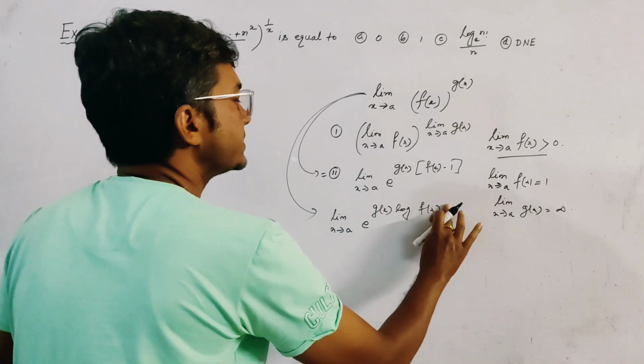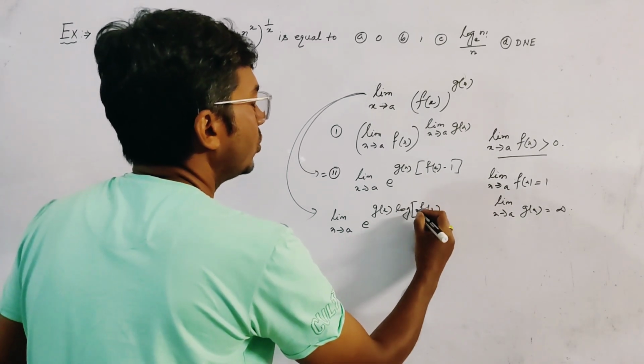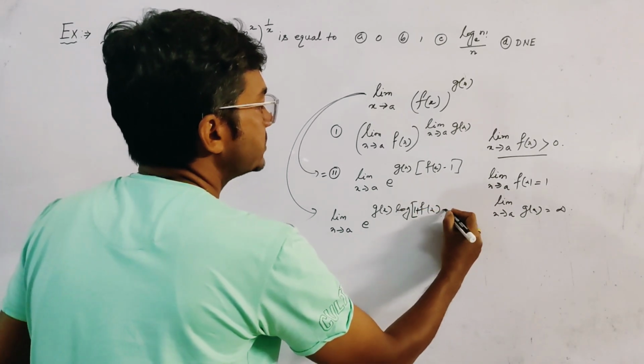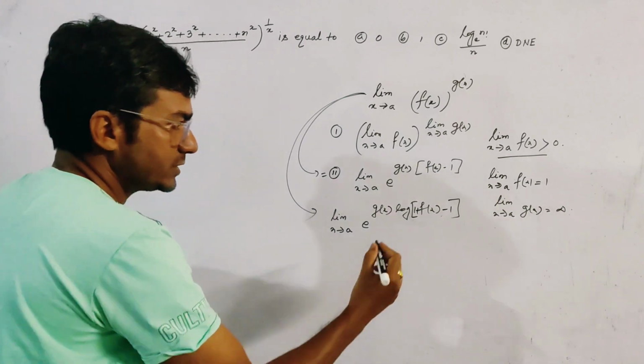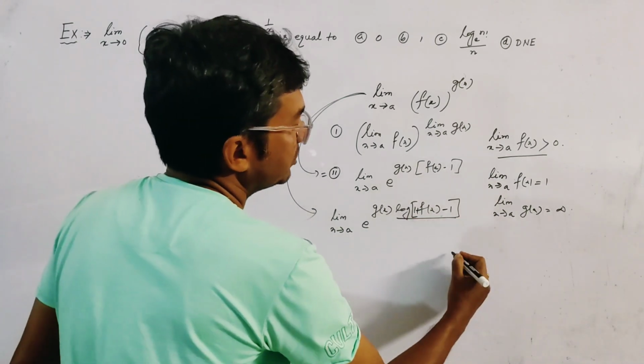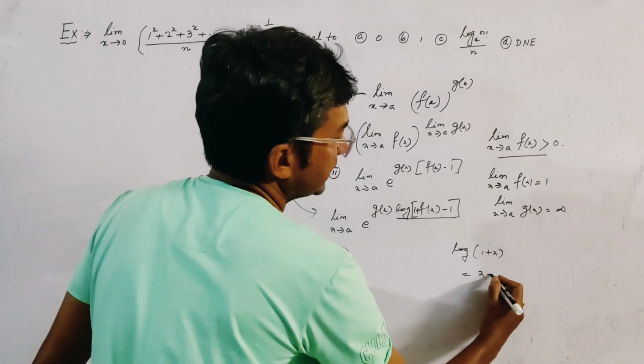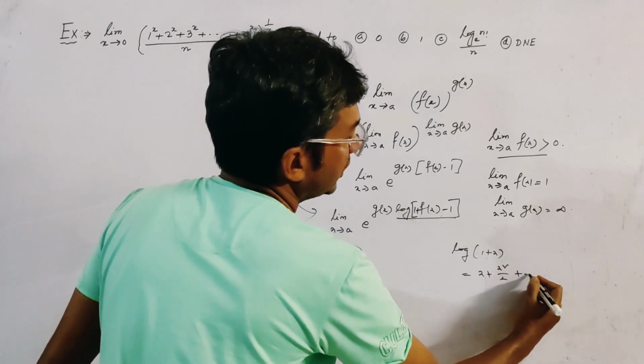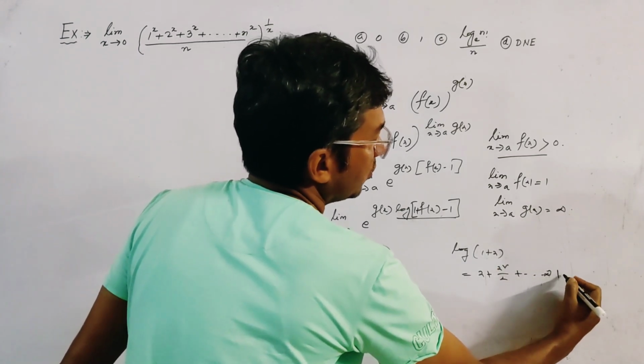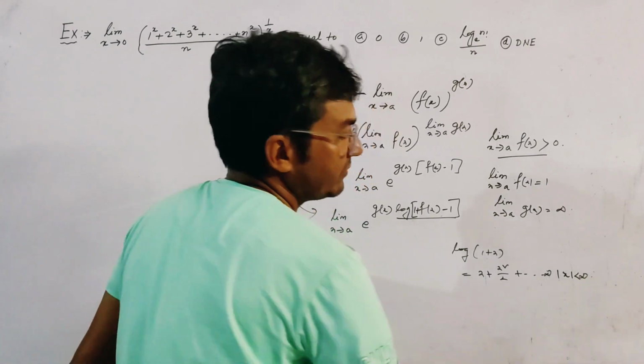We write f(x) as 1 plus (f(x) minus 1), and now expand the series, because the expansion of log(1 + x) is x minus x square by 2 and so on, where mod x is less than 1.